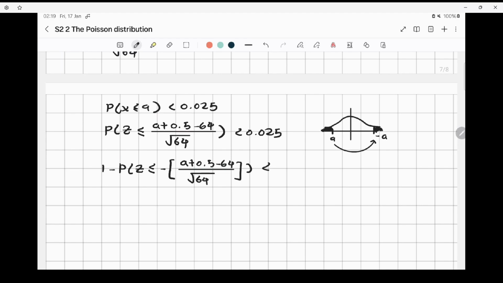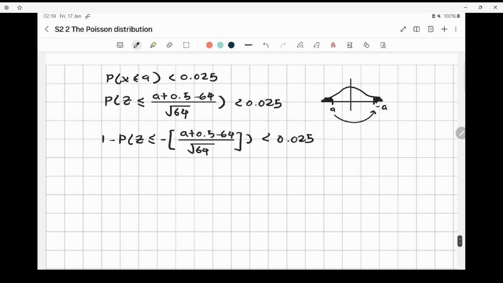So this is smaller than 0.025. So again, perform the same thing, move the 1 to the right hand side, and then cancel off the minus, but you need to change the inequality sign. So in the end, you have something like this.